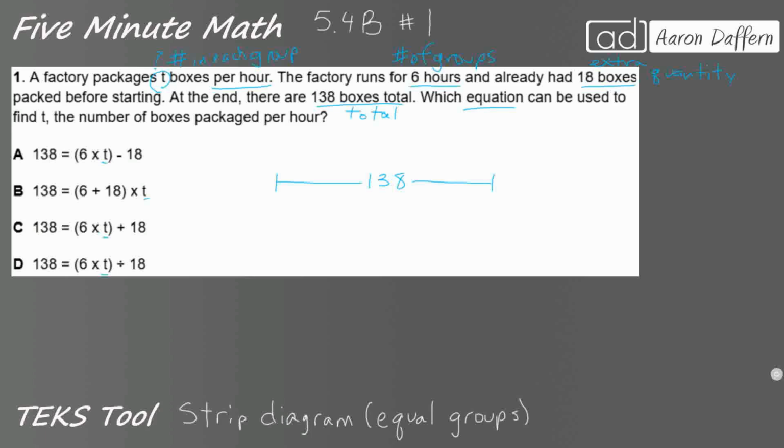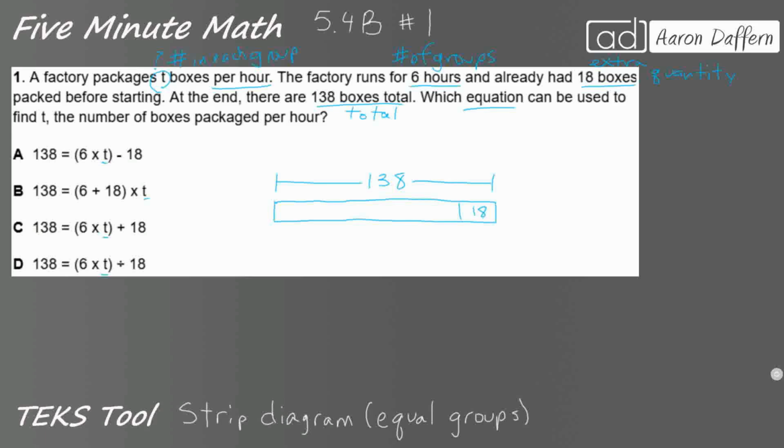So I'm going to draw this right here. This is going to have to represent all 138. I'm just going to carve off a chunk right there, and I'm going to put 18. Those are the 18 boxes that already were packed. So whatever's left is going to be the 6 hours with the T boxes.